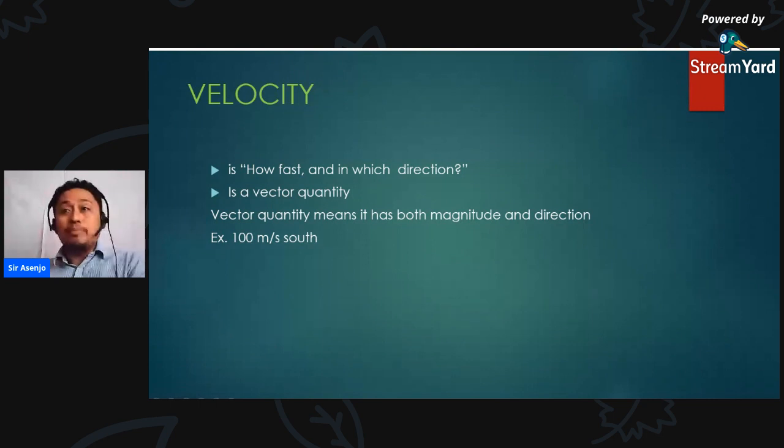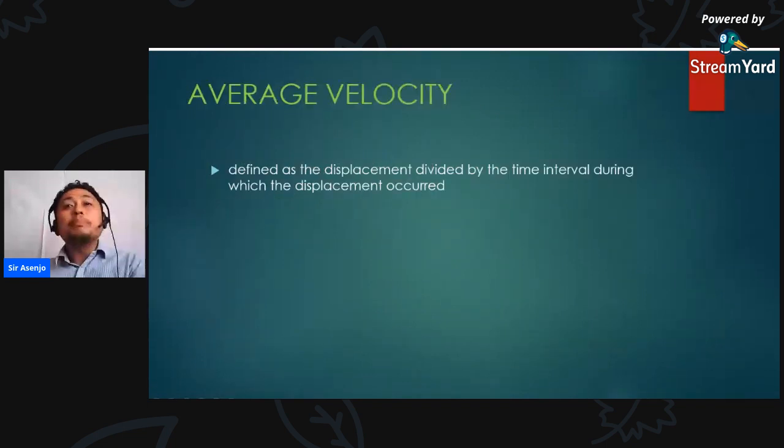A good example is 100 meters per second, that is the magnitude, and then the direction is south. So this is a good example of velocity. Velocity, again, is a vector quantity, and it answers the questions how fast and in which direction the object is moving. Do you see the difference between velocity and speed? Okay, good job.